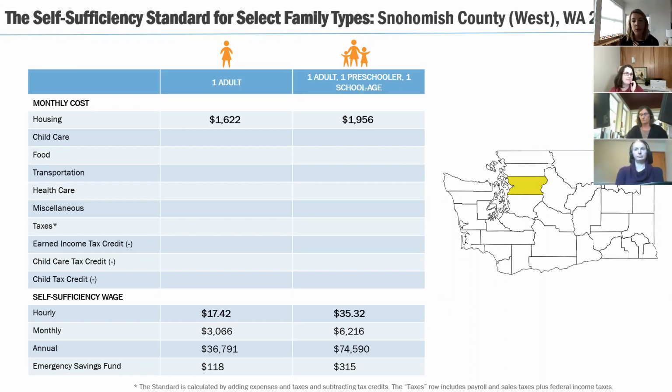So the housing costs that we come up with are defined by the fair market rents that are calculated annually by the U.S. Department of Housing and Urban Development. They include utilities, but do not include things like internet, telephone, cable. Generally, these fair market rents are set at the 40th percentile, meaning that about 40% of housing in a given area is less expensive than the fair market rent. And this reflects a standard level of decency.